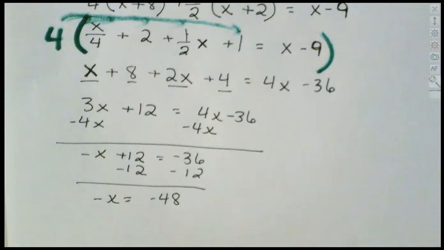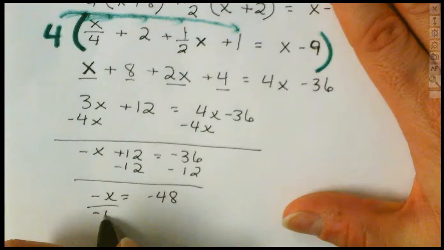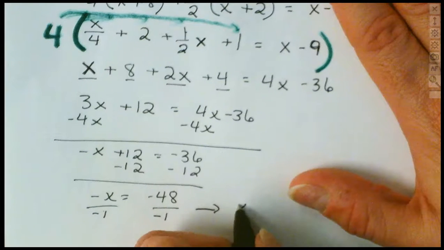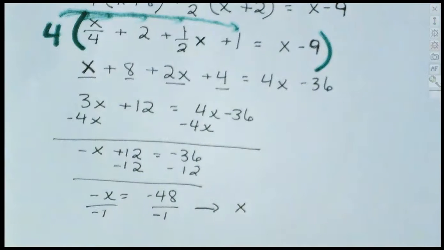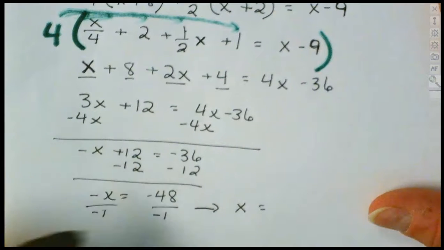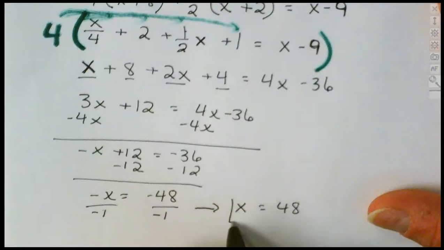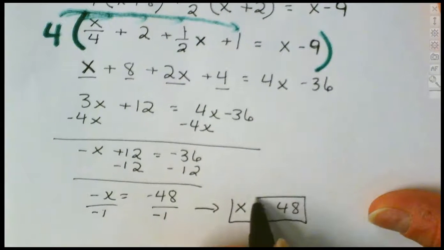Is the answer negative 48? No. Okay, commonly made mistake. We are not completely done. How do we fix that? Divide both sides by negative 1. And that leaves me with my variable on the left that is positive. And negative on the right makes it a positive 48 as well.